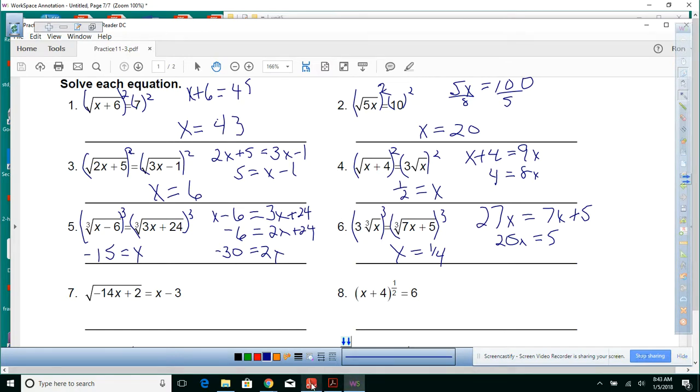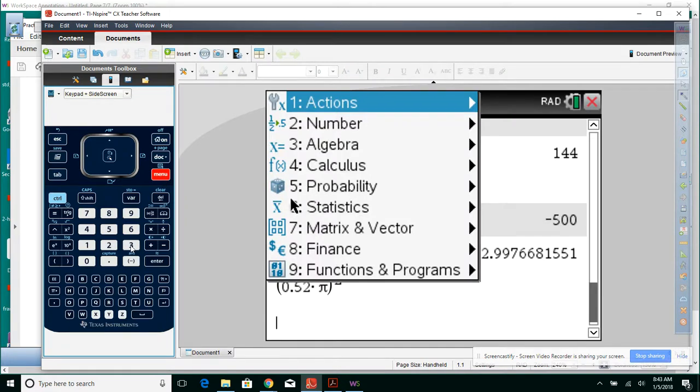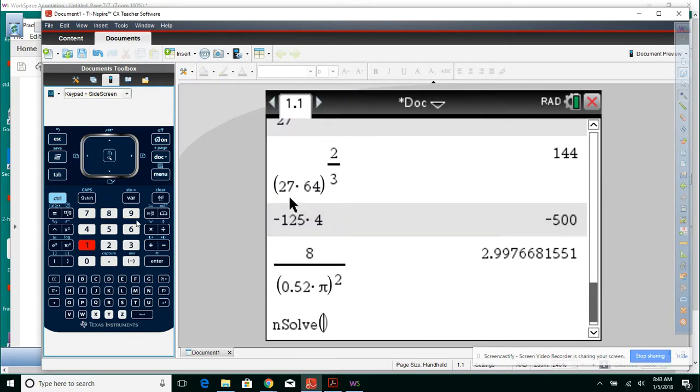Let's go to our calculator. And we're going to do menu 3, 1. That's in solve.